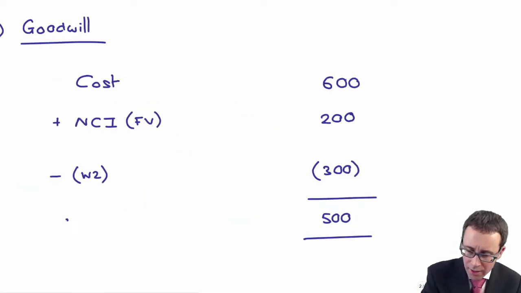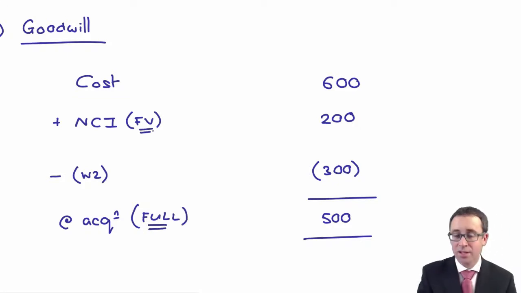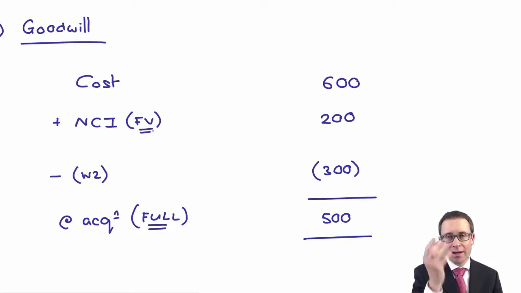Again, what that has done there is that has given you your goodwill at acquisition. Remember, we don't need to do the split, but just so you're happy with terminology, as we have used the fair value method to calculate the NCI, we therefore go through and refer to the goodwill as the full goodwill, because that is made up of the parent and the non-controlling interest share of goodwill. You could split it if you want, but I'm not worried about that.